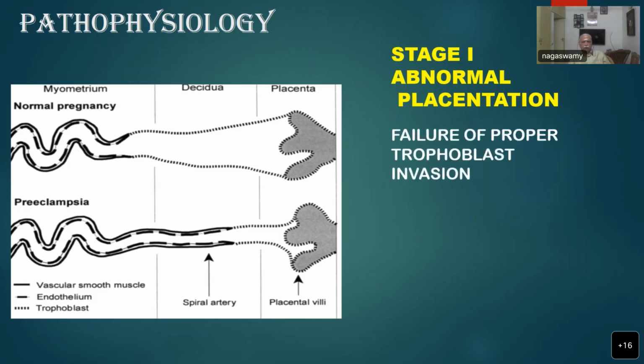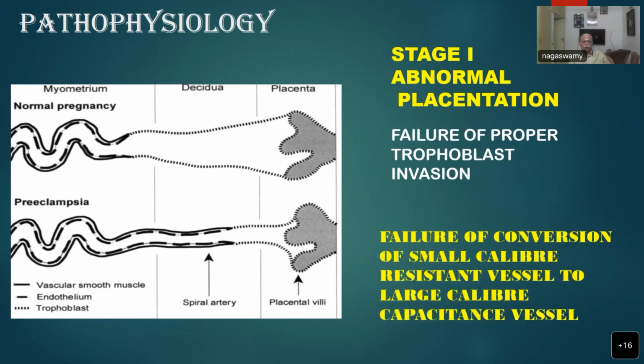So this is what they call trophoblast invasion. The cells from the placenta try to invade and remove this muscle coat. That is what is described as the trophoblastic invasion of the spiral arteries. If that doesn't happen properly in preeclampsia, the muscle coat remains in the vessel, constriction happens, inadequate blood flow ensues and ischemia ensues.